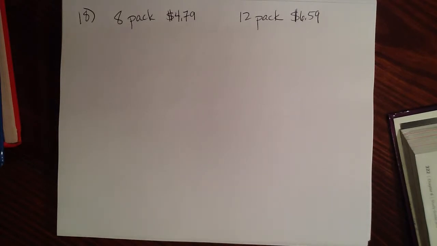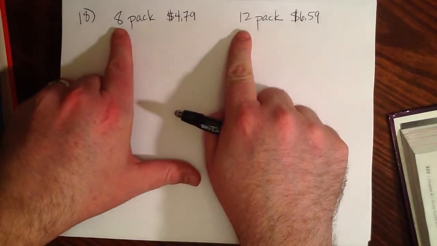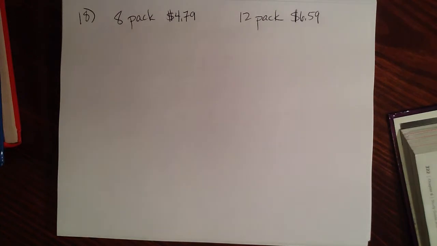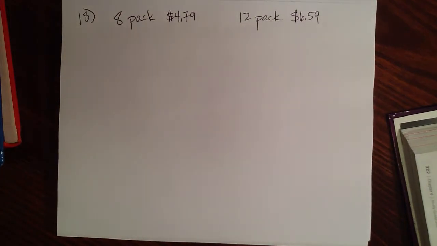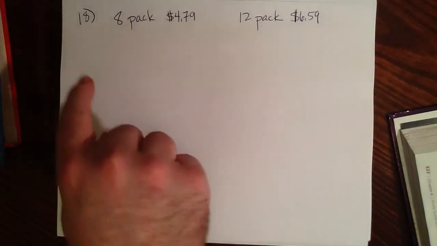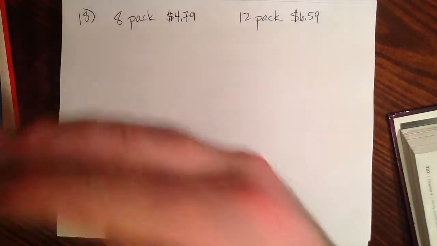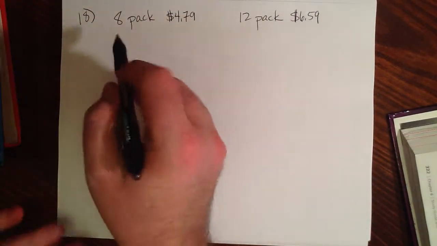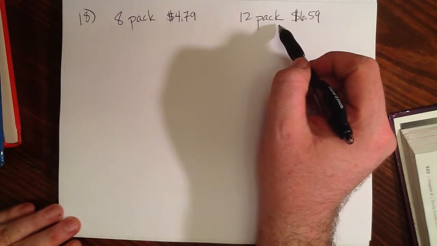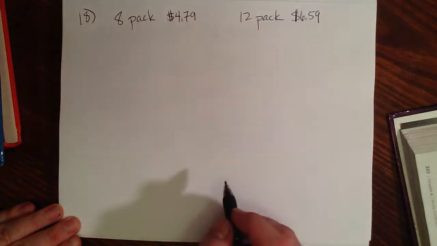Another way is to kind of find a common denominator. What is a common number of juice boxes we could buy if we could only buy 8 packs or 12 packs? Well, with 8 packs you could buy 8, you could buy 16, you could buy 24, you could buy 32. Well, which one of those could you also get with 12 packs? That would be 24.